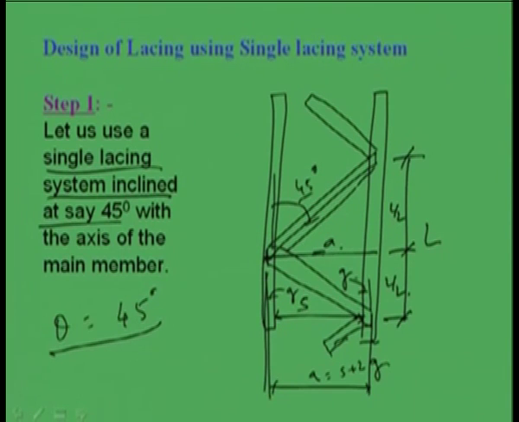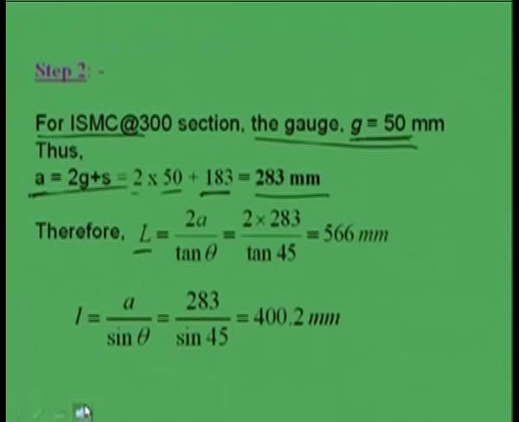So, this will become 45. So, A by L by 2 is equal to tan theta. So, we can find out L is equal to 2A by tan theta, right.